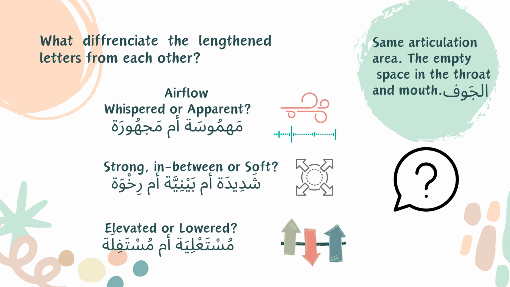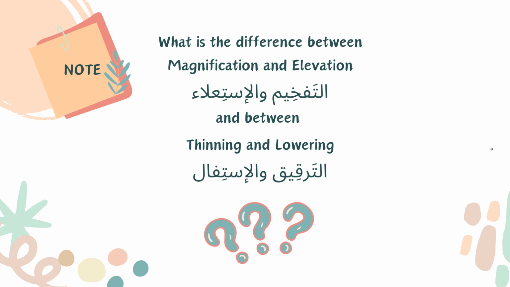There's an important note that I need to mention here. What is the difference between tafkhim and isti'la? When I say magnification and elevation, what's the difference between those 2 words? Tafkhim is magnification, and elevation is isti'la. And also, what's the difference between tarqiq and istifal, thinning and lowering?